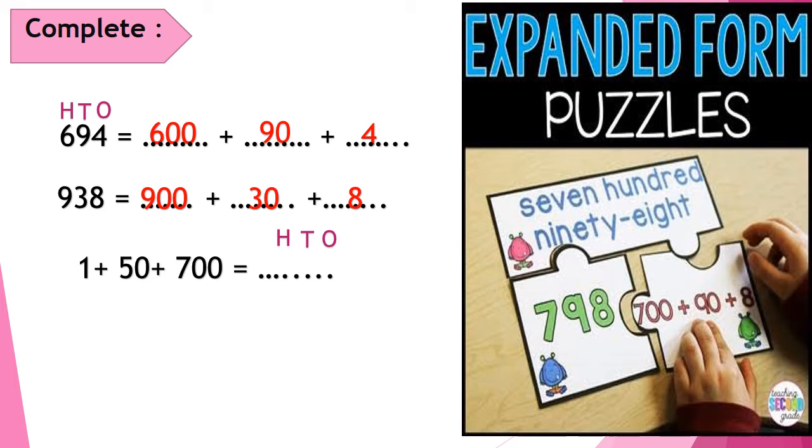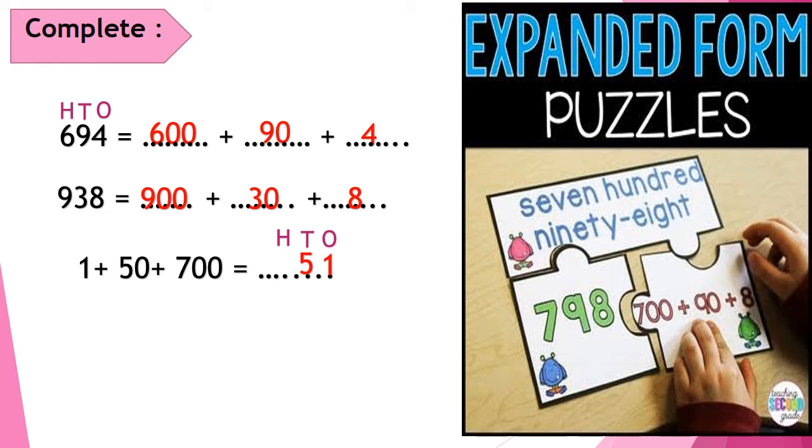Then I will put 1 in ones. This 50, does it have any zeros? Yes, it has 1 zero, so it belongs to tens. And I will put 5 in tens without any zeros. We just put 5 only.